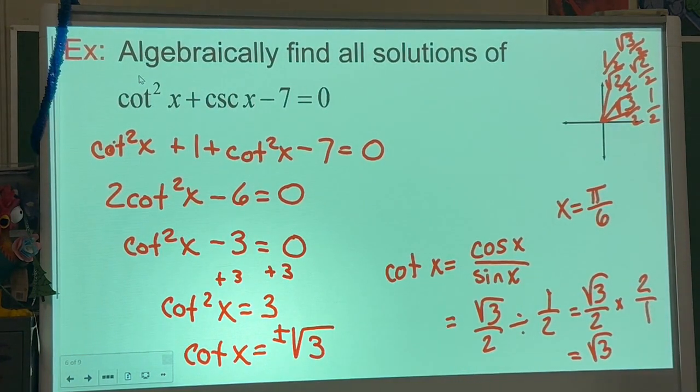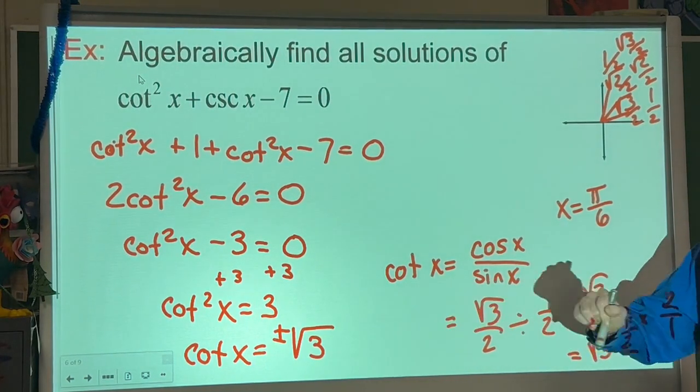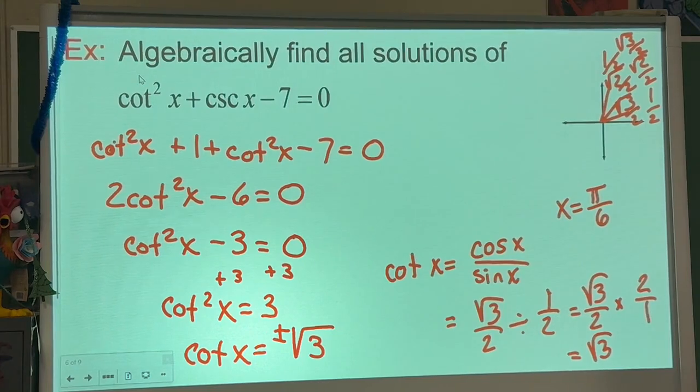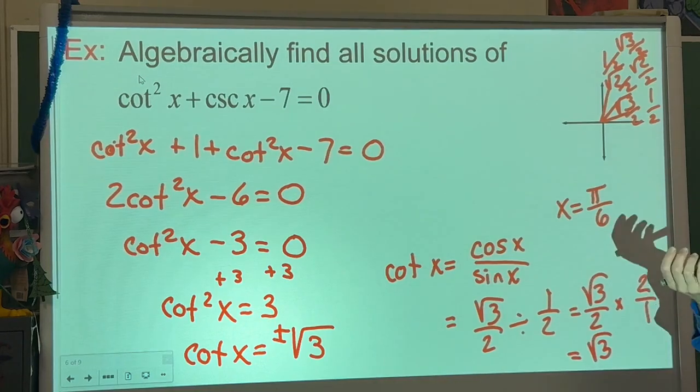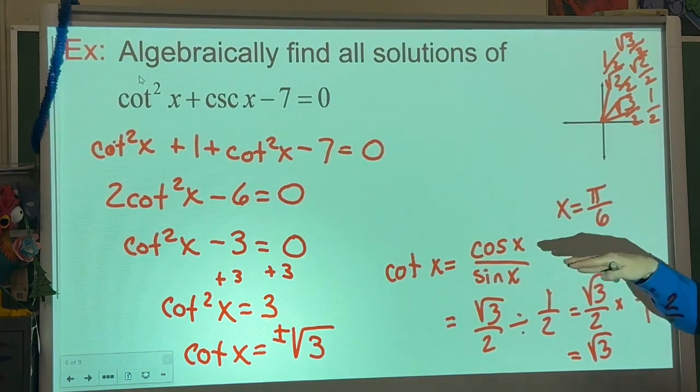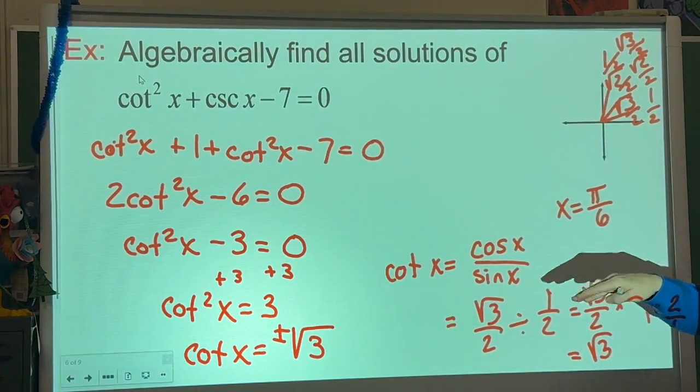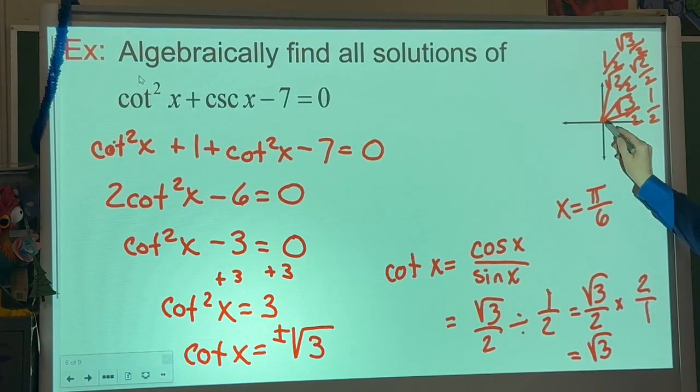Is there anywhere else that you're going to get that 30 degrees for radical 3? Well, both of the signs have to be the same to get positive radical 3. Is there anywhere else where both of the signs are going to be the same? 2 positives or 2 negatives maybe? Like maybe right here?